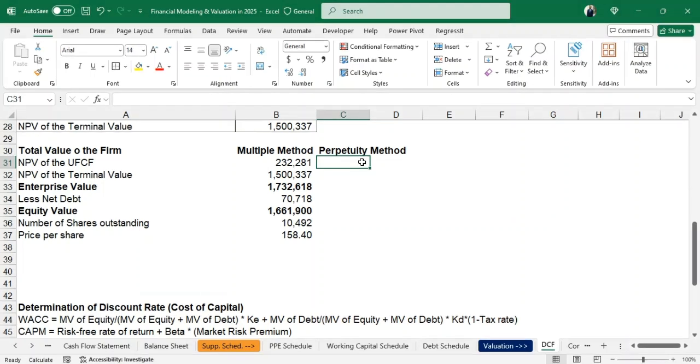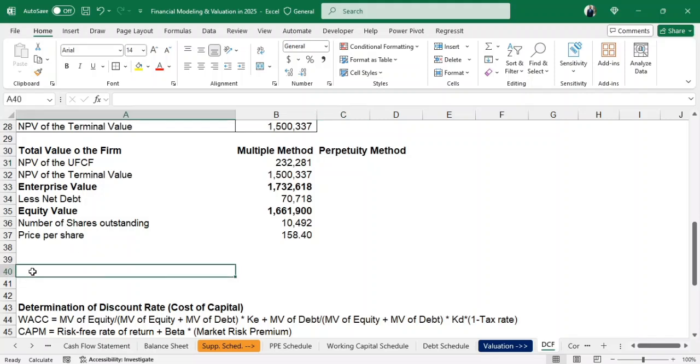All right. Now, under the perpetuity method, we calculate the terminal value based on a formula.